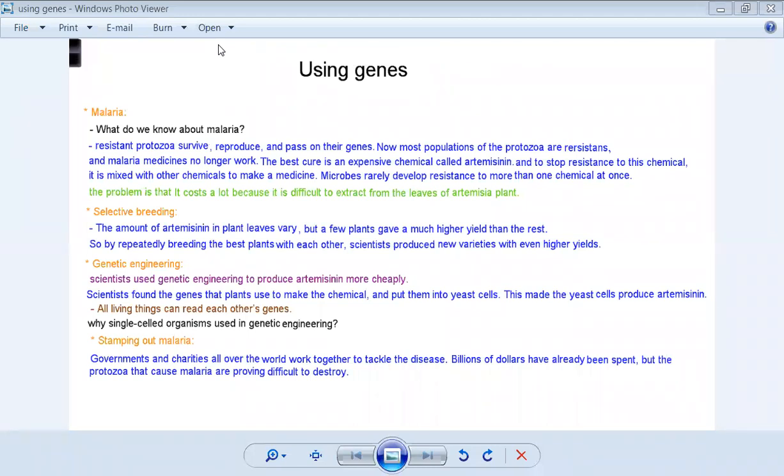Yeast cells kill bacteria? No, yeast. Do you know what yeast is?